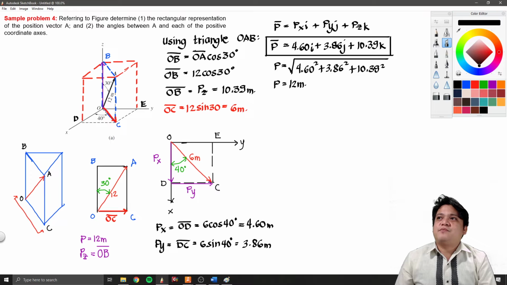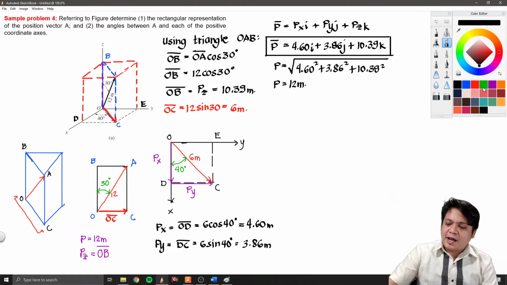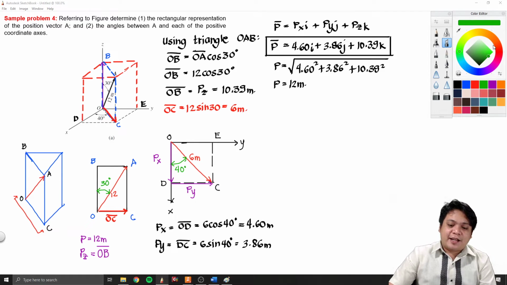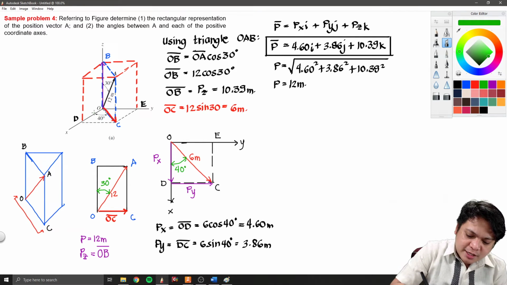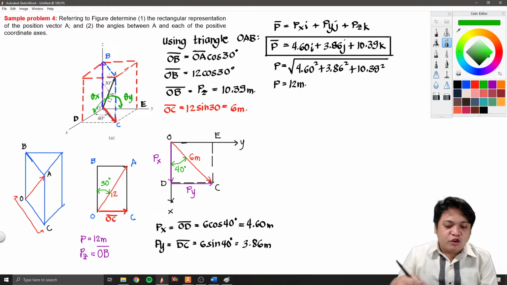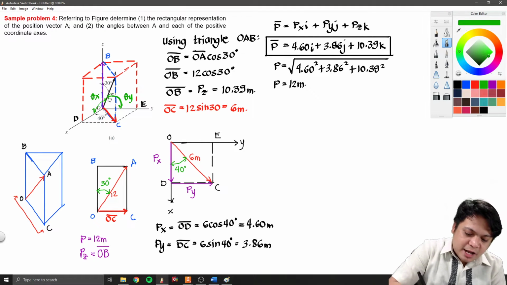Now, the angles between A and each of the positive. Nasa na yung mga hinahanap na yun? So, ito yun na yung ating directional angles. Ano? So, mula dun sa X, papunta dun sa force, tawagin natin yung theta X. And then, mula dun sa Y, papunta dun sa force, tatawagin natin yung theta Y. And then, mula dito, okay, actually, yung ating, ito na kagad, no?